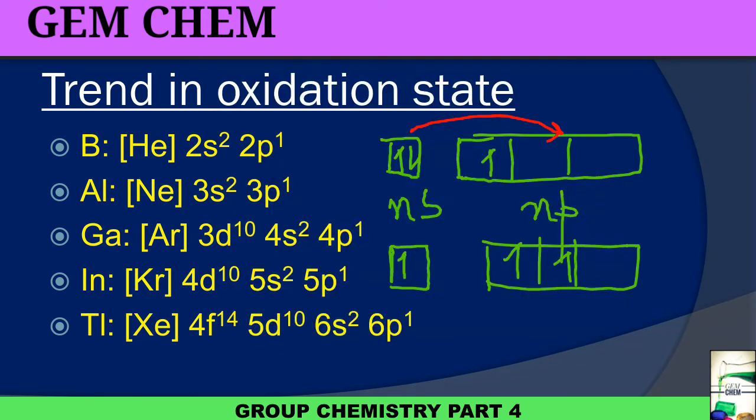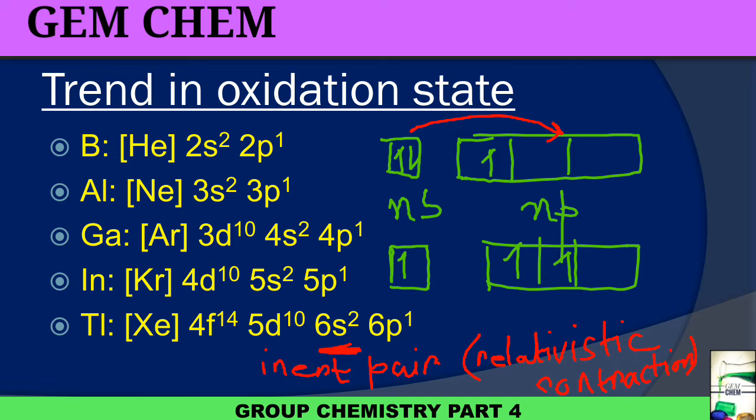If you see this configuration very carefully, there is a presence of 6s2. And as we have seen in the previous videos of periodic properties, this is the inert pair, as a result of which there is the inert pair effect. There is a relativistic contraction of this orbital, as a result of which it cannot easily give up the electron to the p orbital, and thus it exhibits stable monovalency.